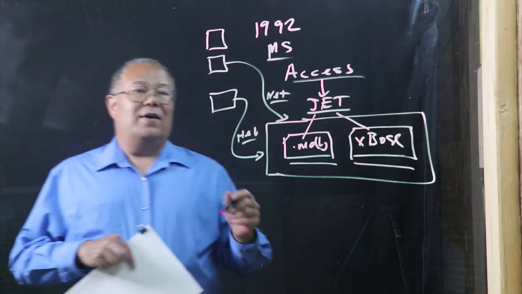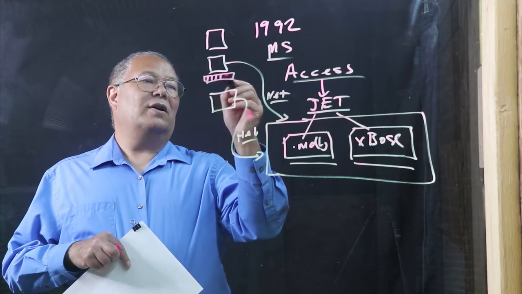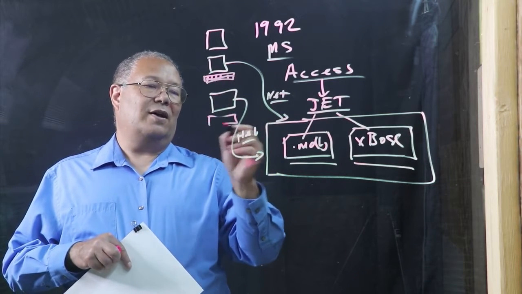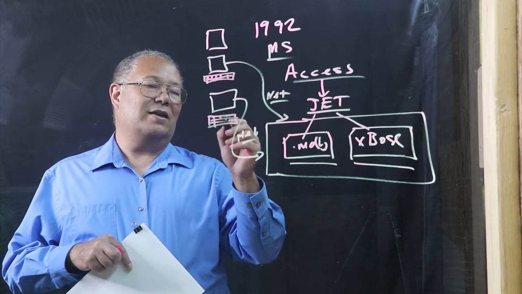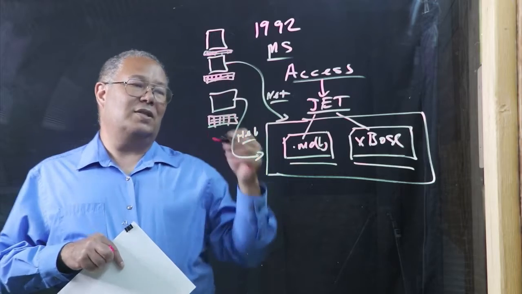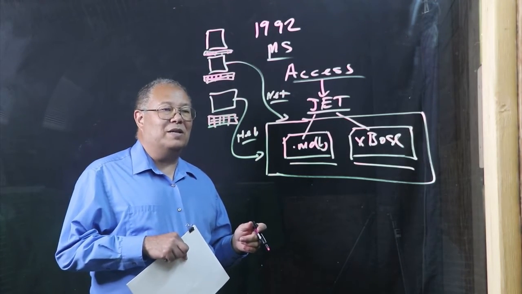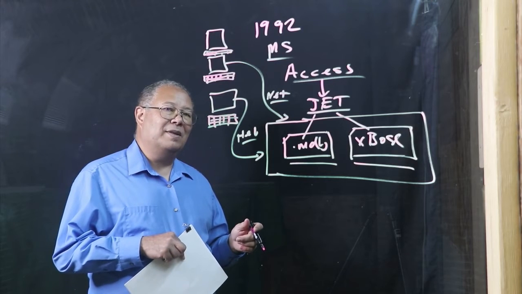So in Microsoft's indubitable wisdom, they added to their ability of doing network access locks, basically exclusive locks. Now, all of these machines out here are running on Microsoft Windows, and I don't know what you think of Windows, but I think it's somewhat unreliable. And each one of these little PCs is talking across a network at the same time to the same database on some box.